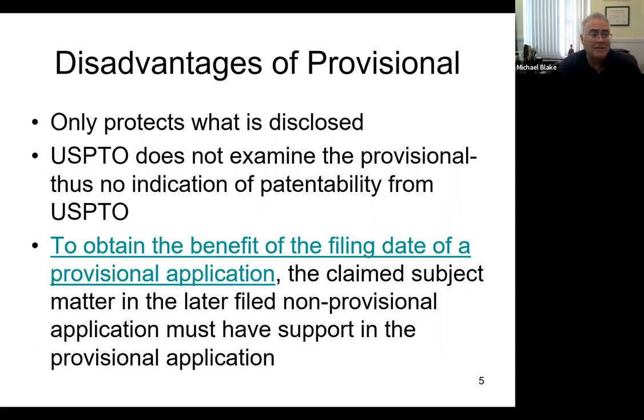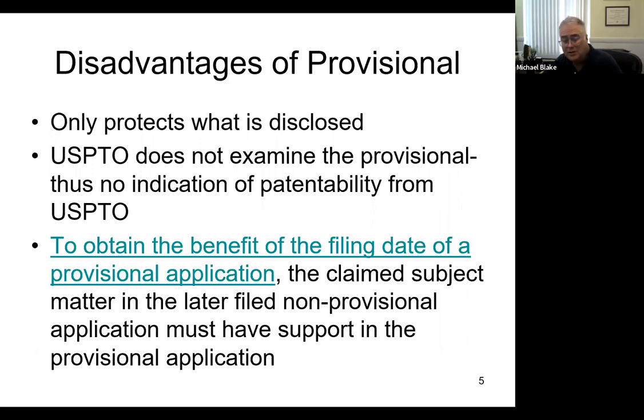The USPTO does not examine a provisional patent application, so you won't have any idea whether or not your patent application will be allowed by the patent office because they don't examine it. They just take it and hold it for a year. In a non-provisional, once you file, the patent office will eventually get to it, and they will do a patentability search and then issue an office action unless they allow it.